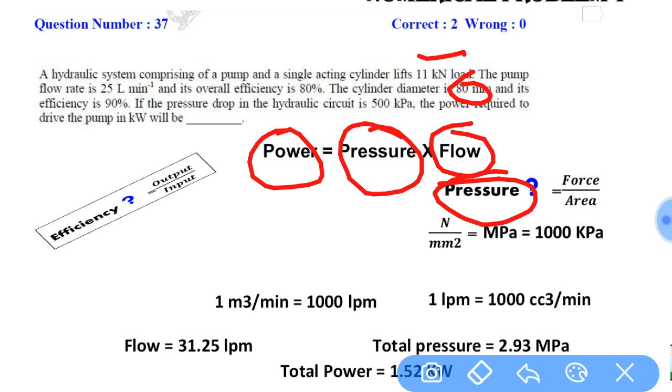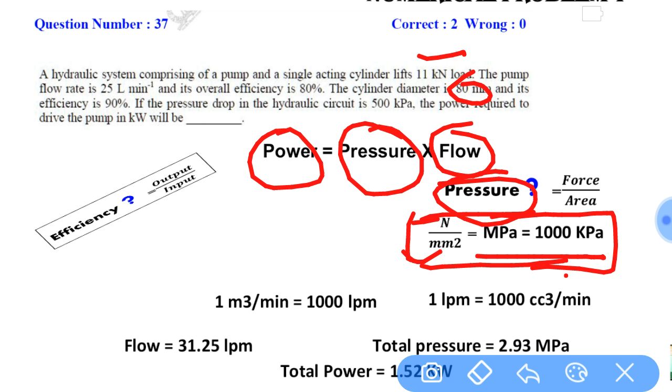If the load is in newton and the area in millimeter square, then newton per millimeter square is megapascal. Megapascal is equal to 1000 kilopascal. You need to remember this relation, otherwise there will be some mistake in the calculation.